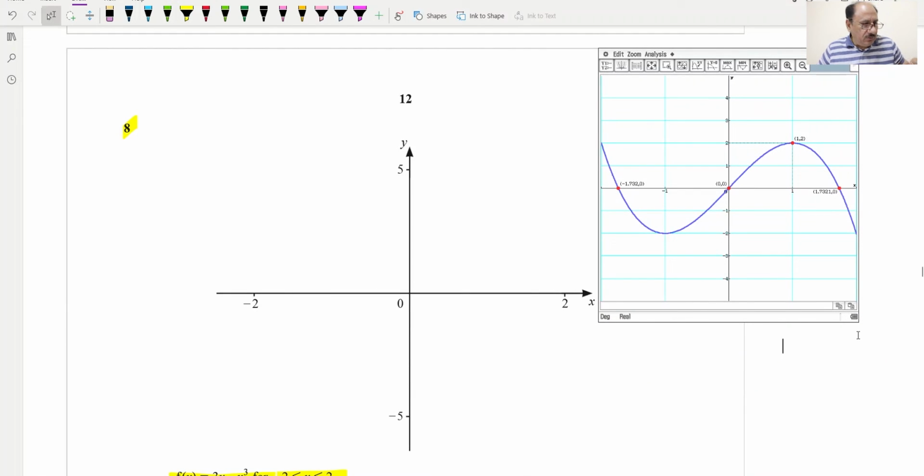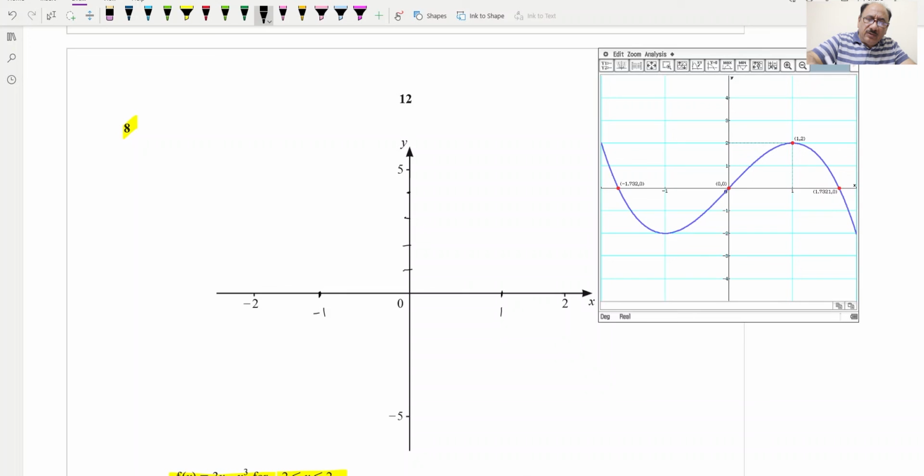So now, to sketch this graph, we can take half of this as 2. Roughly I'm taking, for example, this as 1, and this one also we can take as -1. So this will be 1, this will be -1, and it will be 5. We can divide this into 5 portions, so 1, 2, 3, 4, and 5.